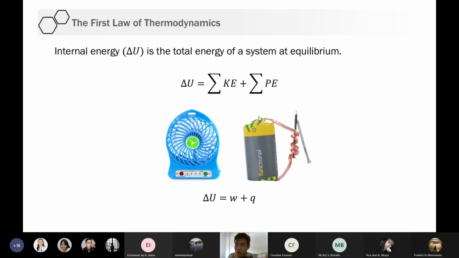So, di ba yung battery kapag pinagdugtong mo yung dalawang ends niya ng wire, umiinit yung wire, no? Ibig sabihin, you can consume all the contents of this battery by just releasing them as heat, no? Pwede mo ubusin yung internal energy nito by releasing heat, no? Okay? So, let me graph that, no?